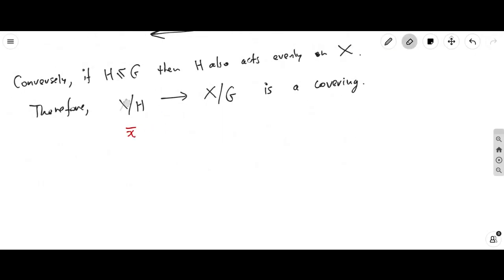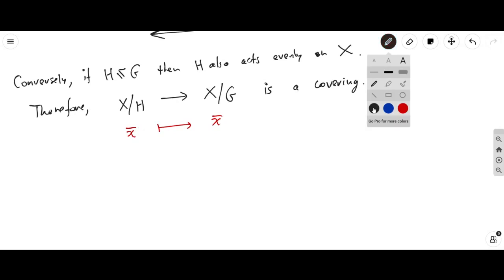An element in this quotient is some point in X, but it's the translates of X mod H. So we could just call it X bar. That's the translates mod H. And you're just mapping that to X bar, the translates mod G. So it looks like it's the inclusion mapping, but it is not. This is classes mod H. This is classes mod G. This is a covering. It's not difficult to check this. You basically have the following diagram. You have X. So this is a covering.